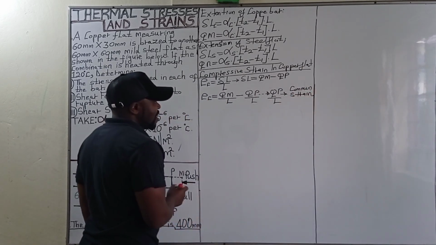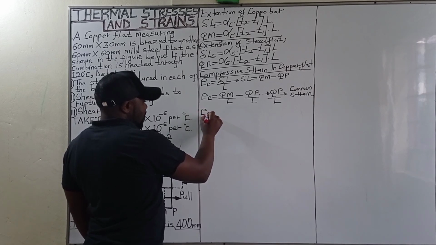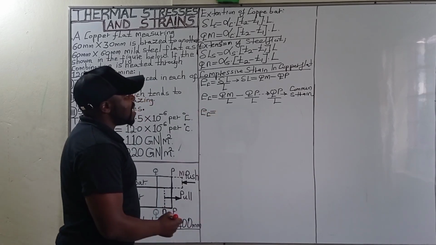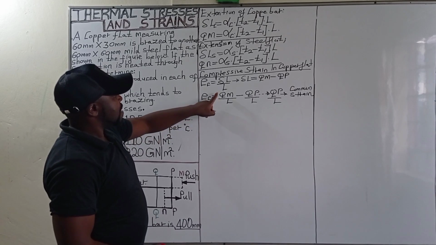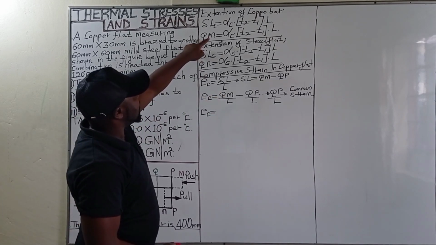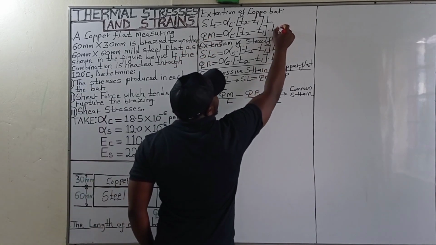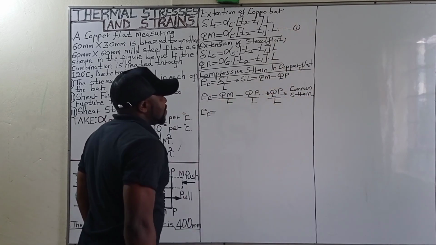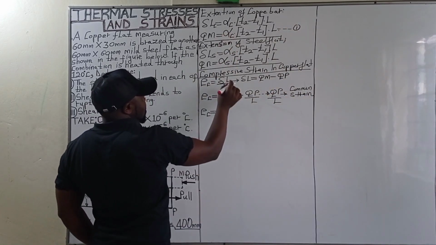So we have the compressive strain equal to QM over L, and we got the value of QM in equation 1, so we substitute it here.